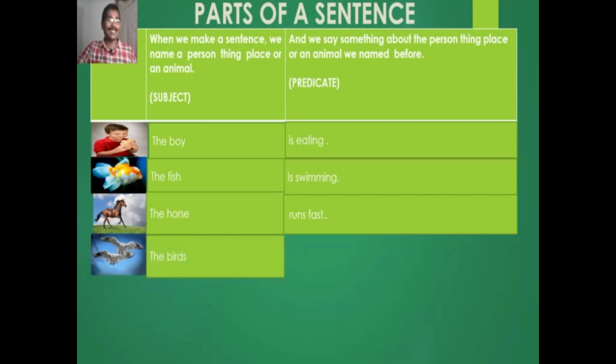"The birds are flying." If you take it as a sentence, the birds is the subject of the sentence, and "are flying" is the predicate of the sentence. You can observe here, the predicate starts with the verb. The predicate always starts with the verb.